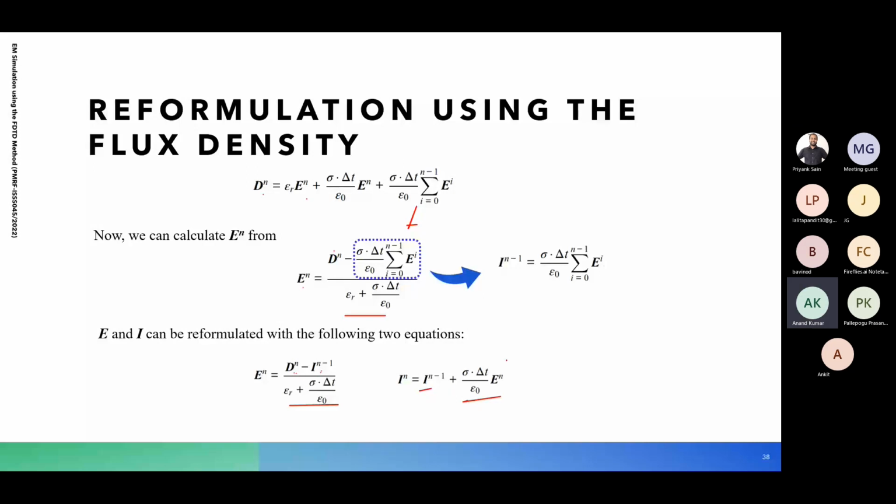And I_n is again a recurring term which updates with the current electric field values. So I_n is calculated from the previous I_n and the current electric field. So this is what we have got till now.